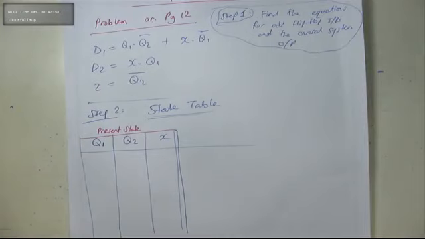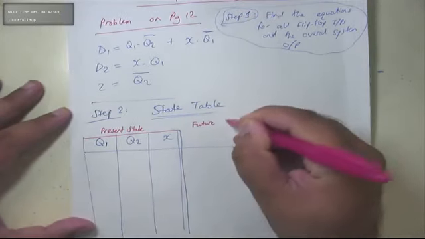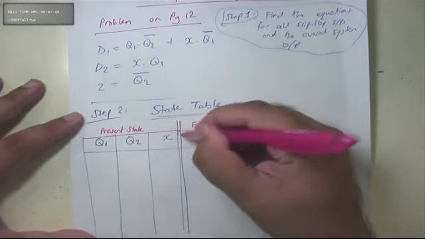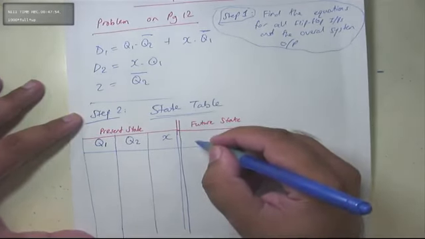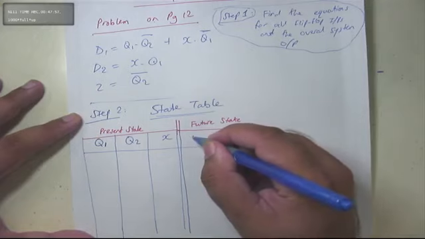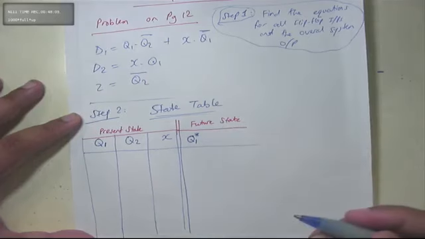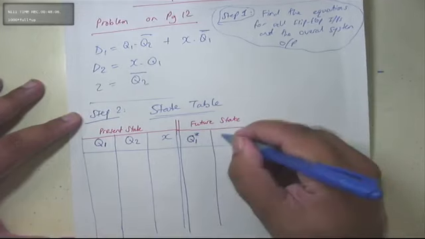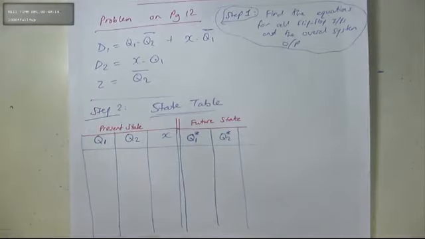Now, the next thing is we want to find out the future state. In this case it'll be Q1 star, or maybe Q1 n plus 1, and Q2 star. It's easy for me to label this way.